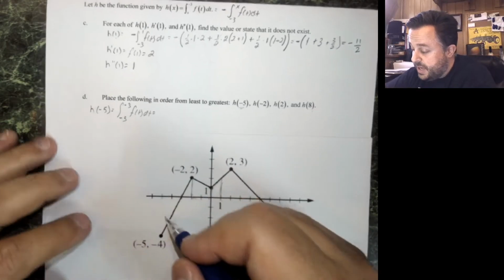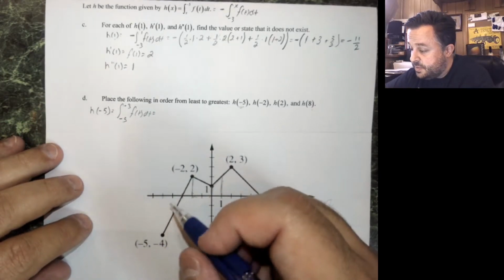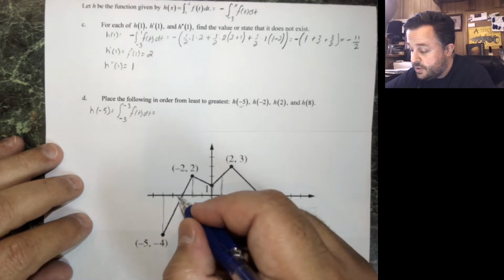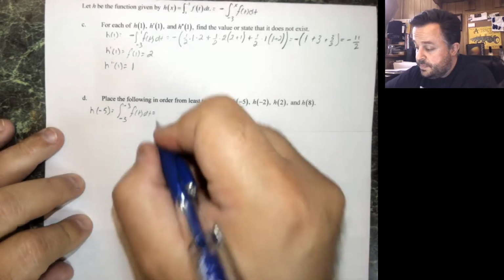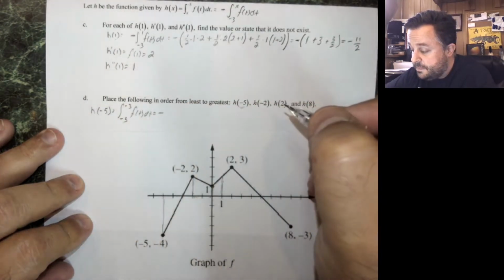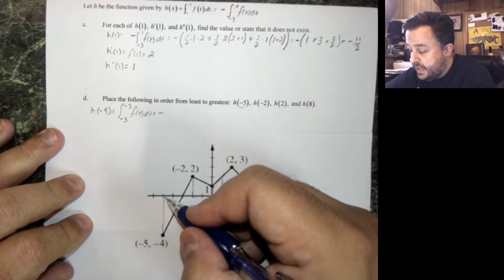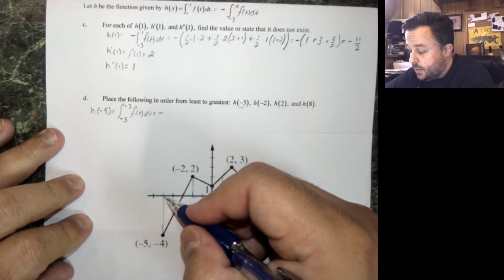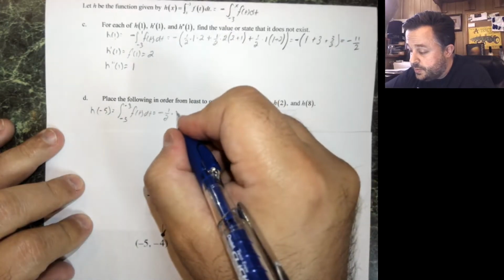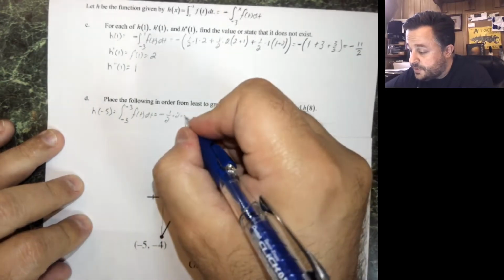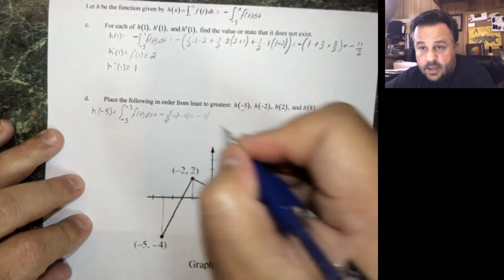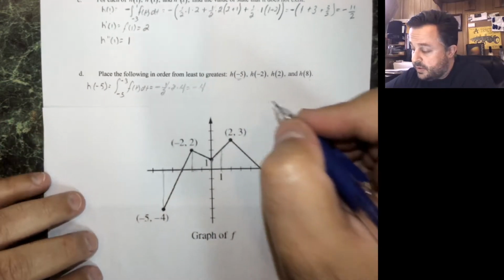That's the area of this triangle. But because it's below the x-axis, it's going to be negative. The area is 1/2 times the base, which is 2, times the height, which is 4. Half of 2 is 1, and I get negative 4 for the area.